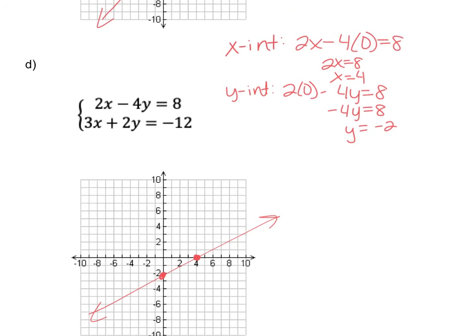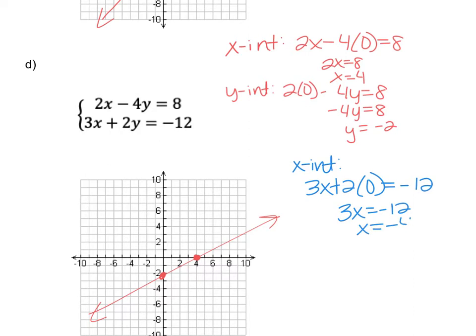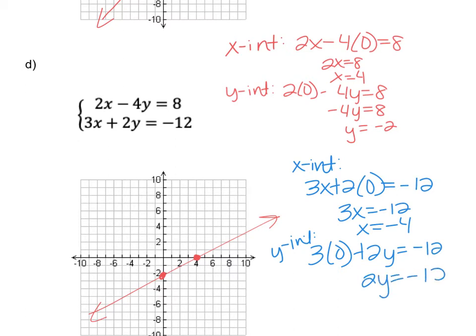I'm going to do it the exact same way. So I'm going to find my x-intercept: 3x plus 2 times 0 equals negative 12. So 3x equals negative 12. So x is negative 4. The y-intercept is 3 times 0 plus 2y equals negative 12. 2y equals negative 12, divided by 2.